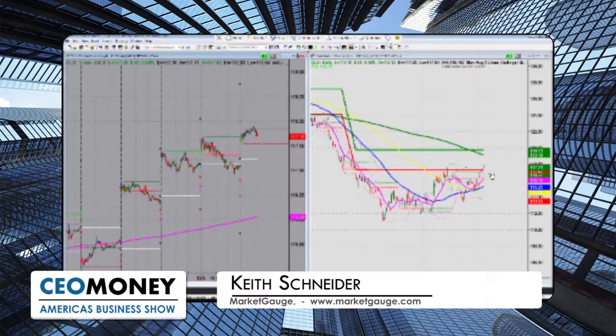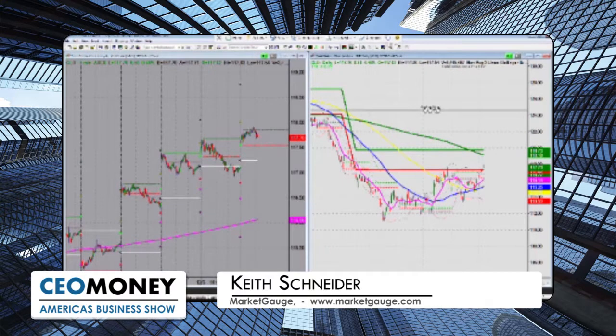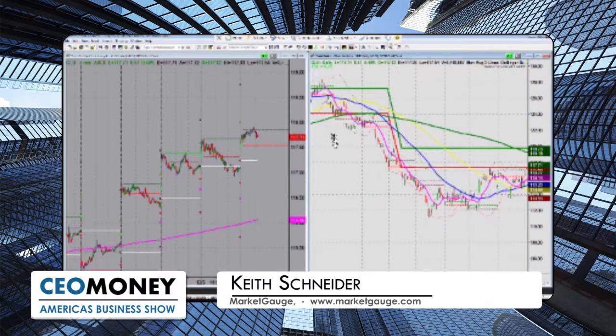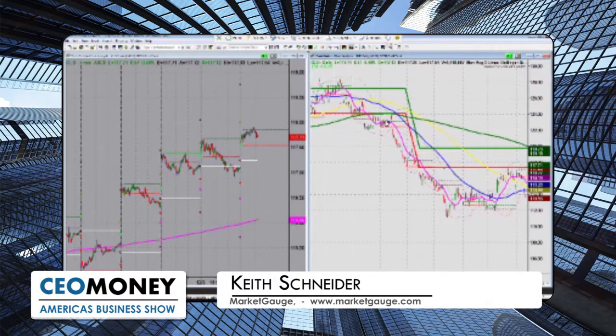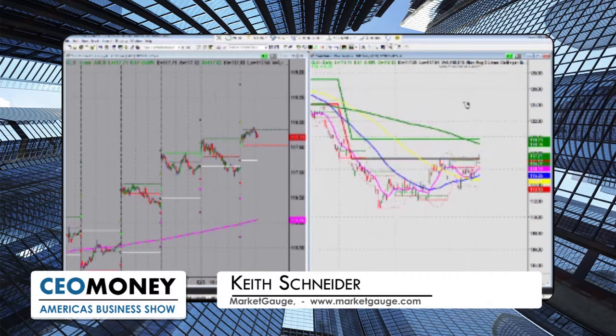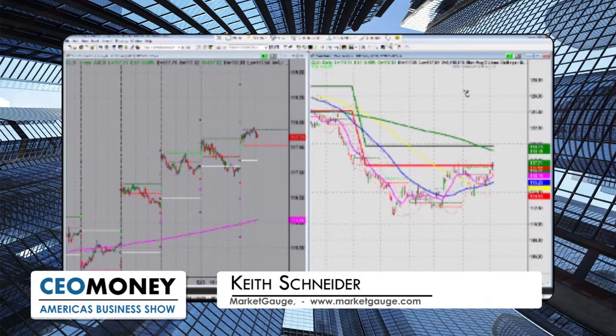So with this action over the last couple of days here, trading above that 6-month calendar range low, you can sort of see the fact that we haven't really been above the 6-month calendar range low since mid-May. So this is an important and significant event, and that's sort of in alignment with serious concerns about the market, right?